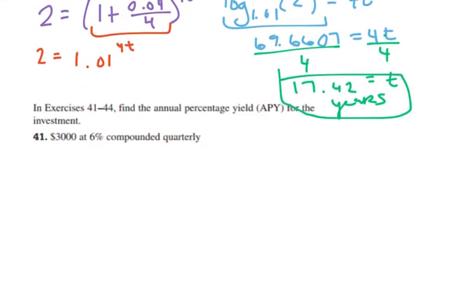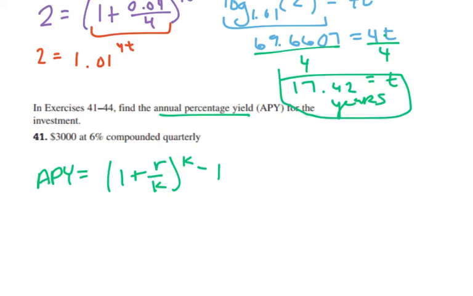Alright, so the next one is your APY. We haven't done a lot of those problems, but we do have a formula for that. Our APY, our annual percentage yield, is going to be 1 plus R over K to the K, minus 1. So it's kind of a piece of that present value idea.